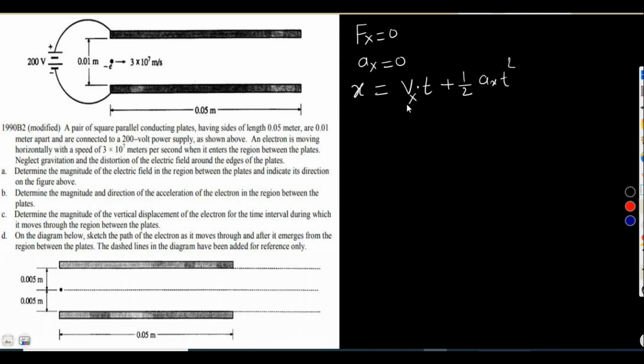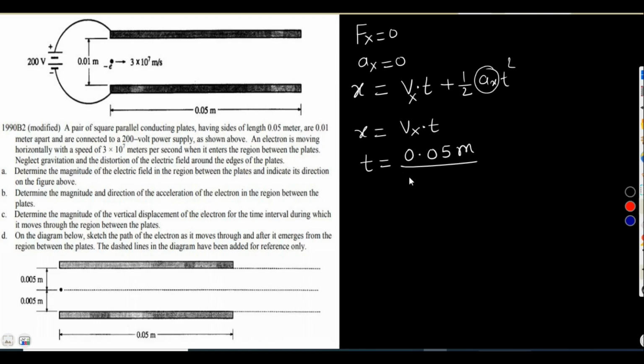I am applying this formula along the x-axis. Since ax is equal to 0, x, that is the distance traveled in x direction, is vx into t. So we can find the t here. What is the x? Our x is 0.05 meter divided by vx.